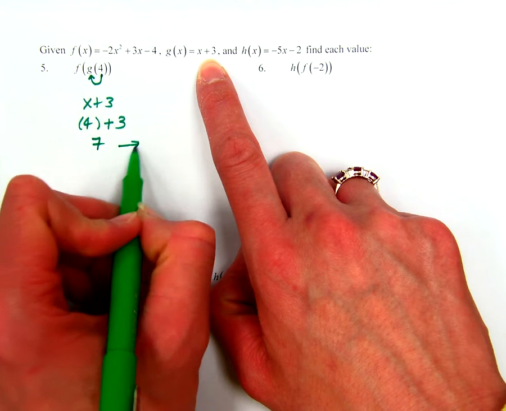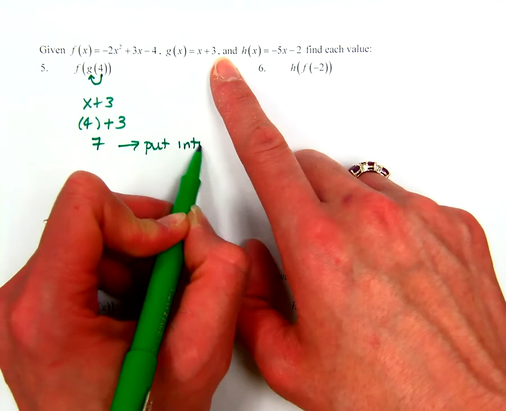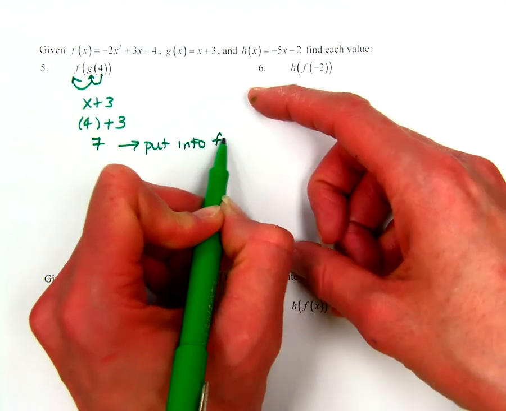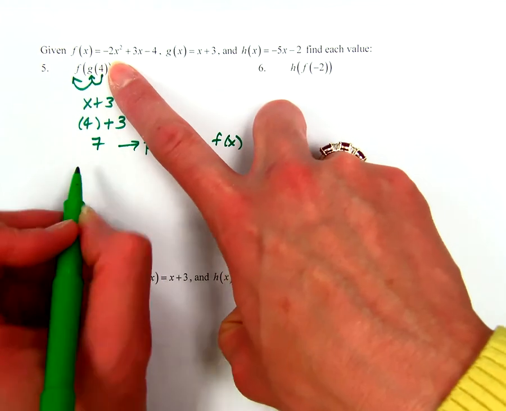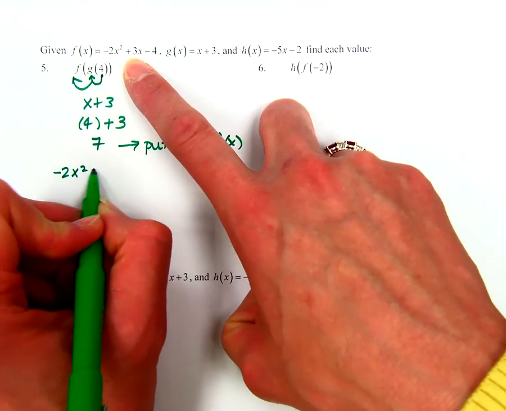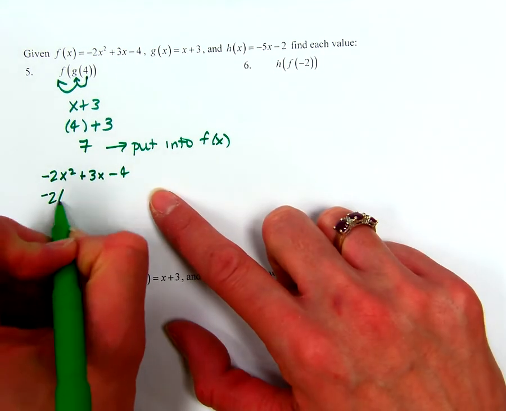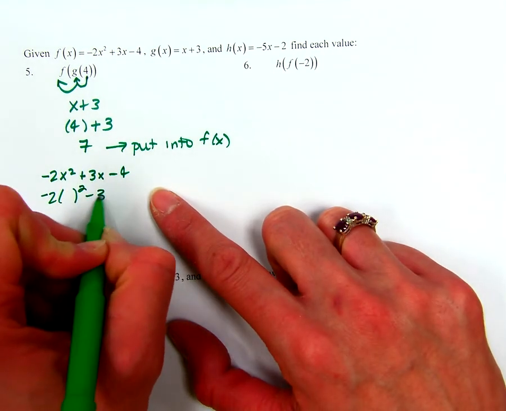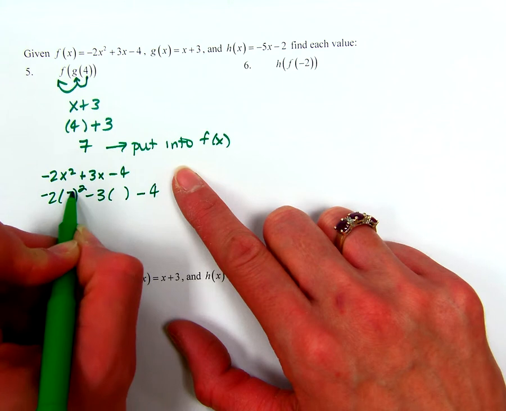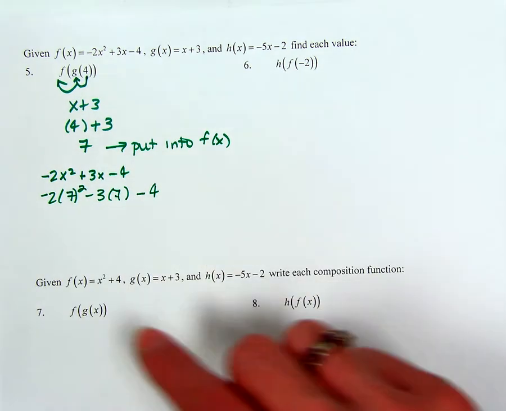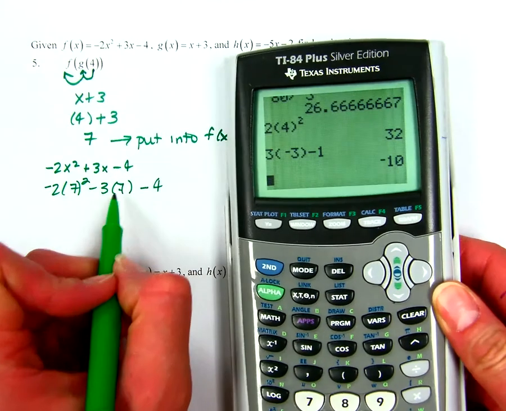What are we going to do with this now? We're going to put it into equation F. Okay, so what was equation F? Negative 2x squared plus 3x minus 4. Take the 7 and replace all your x's with 7. Now, this is kind of long, so maybe we can use our calculator. Right?